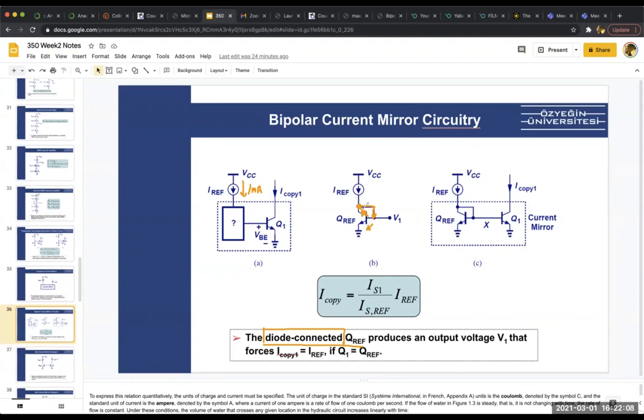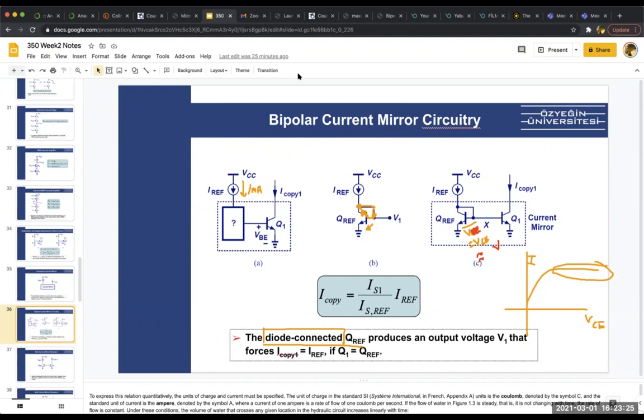So connecting this collector and base together creates a circuit that is always working in this region. This is a BJT. You are always making it work in this region, and the reason is that VBE becomes equivalent to VCE.